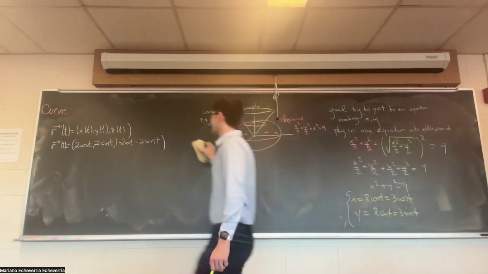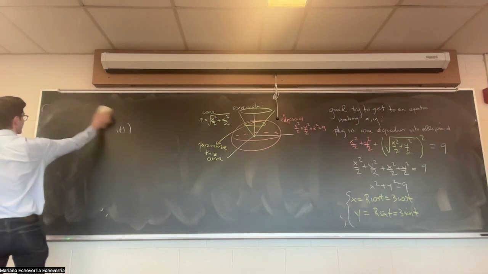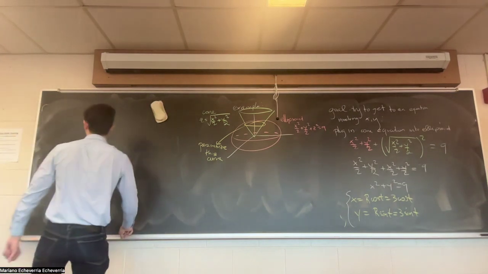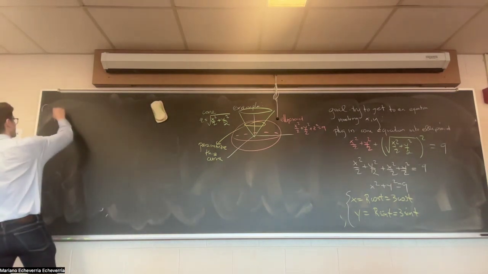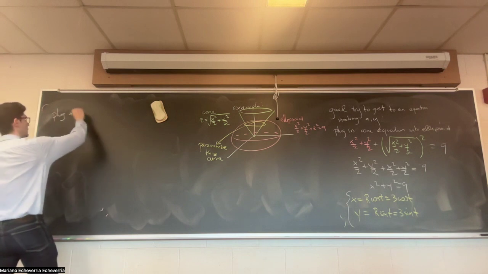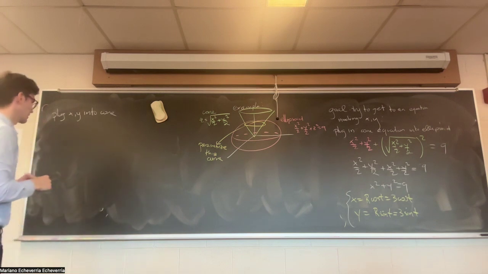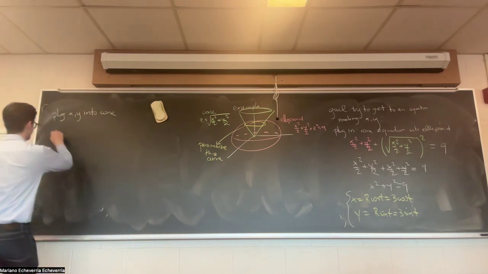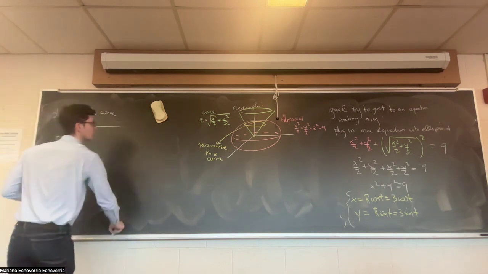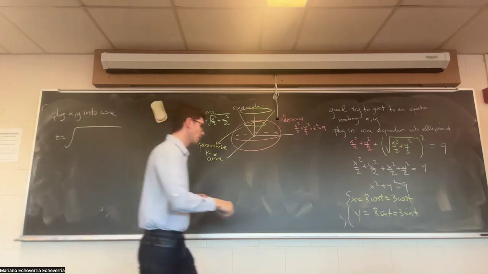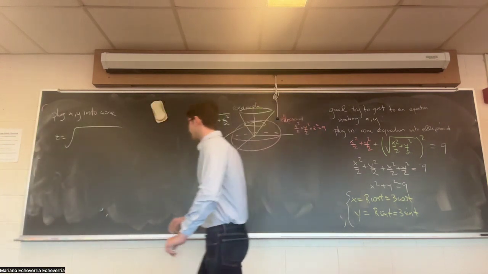So it's easier just to plug these two into the cone. So when you plug x and y into the cone equation, what do you get? You get z equals x squared over 2. But what is x squared?